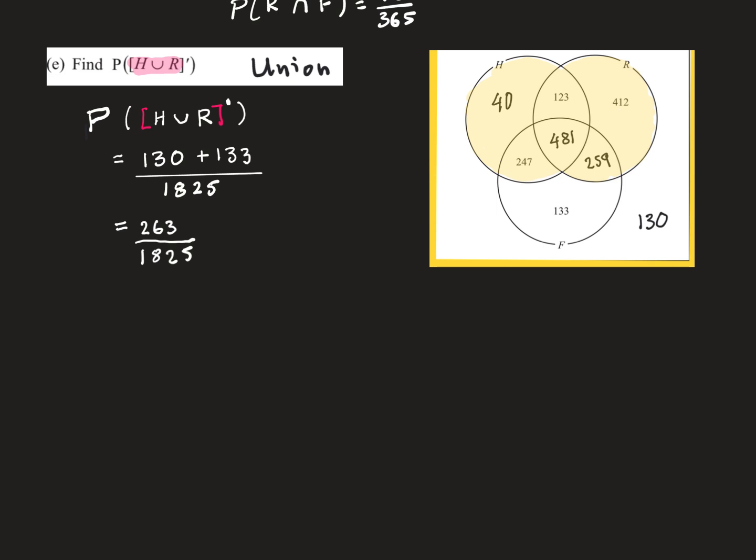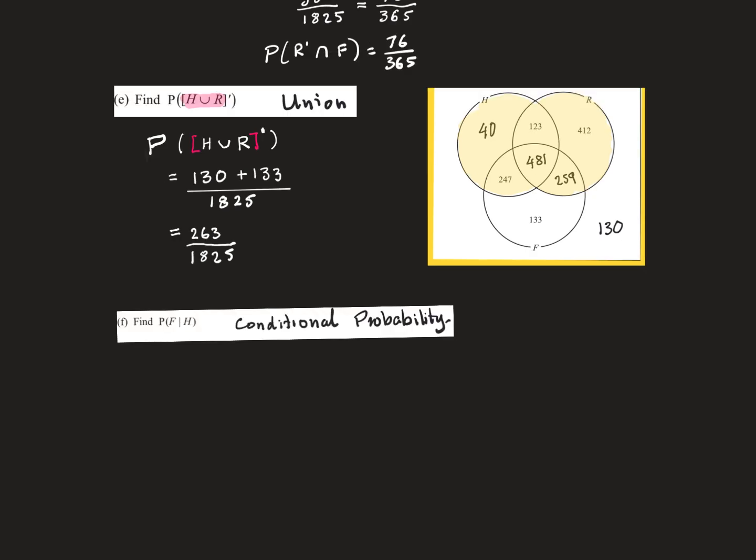To do the conditional probability, you need to know the conditional probability rule. This rule is really easy to remember.